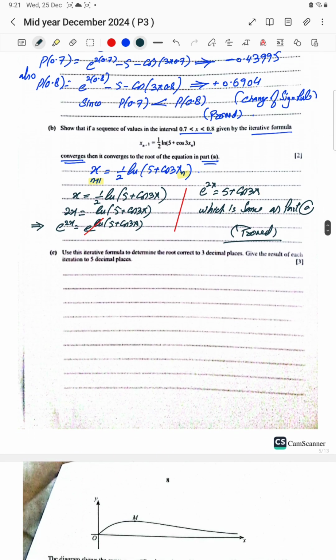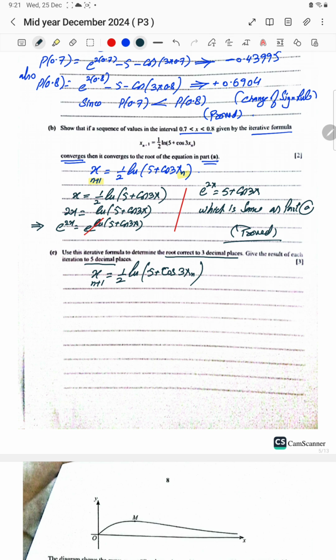Next one, part C says use this iterative formula, that was, I'm rewriting it, x n plus 1 is equal to 1 by 2 log of 5 plus cos of 3xn, to determine the root correct to 3 decimal places, giving the result of each iteration to 5 decimal places.